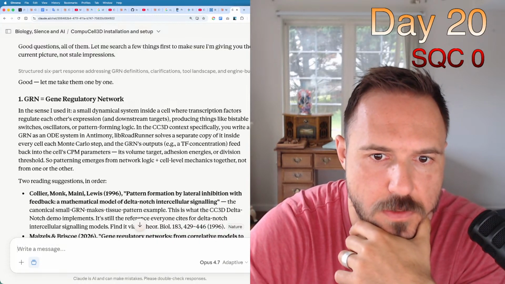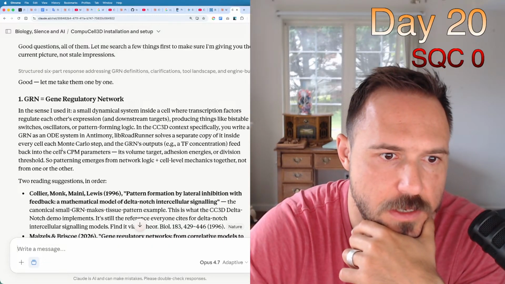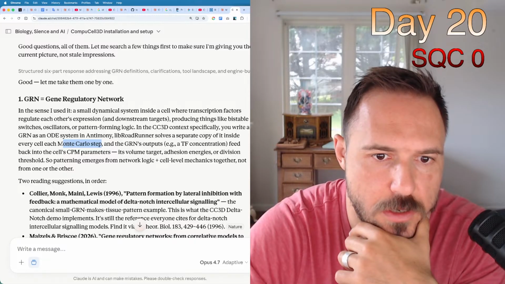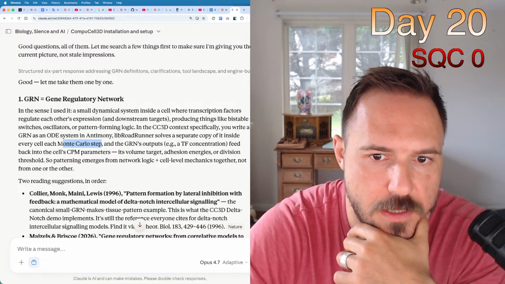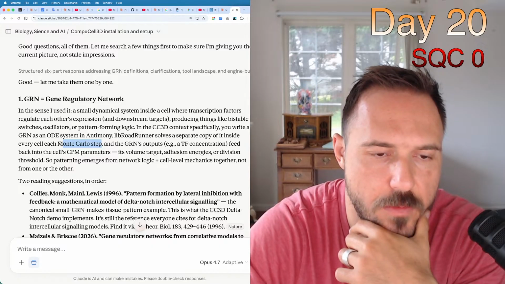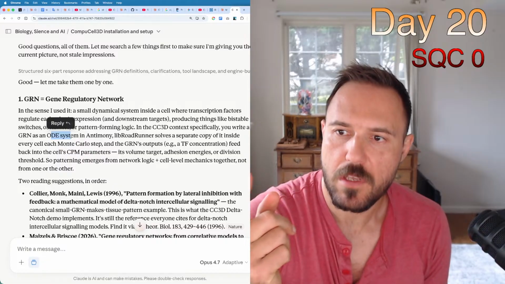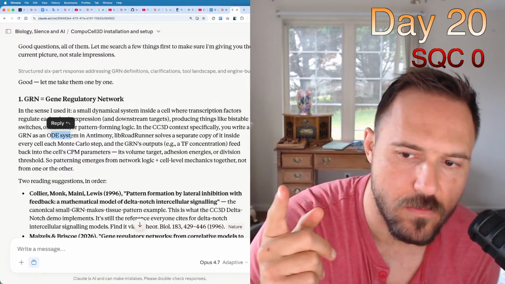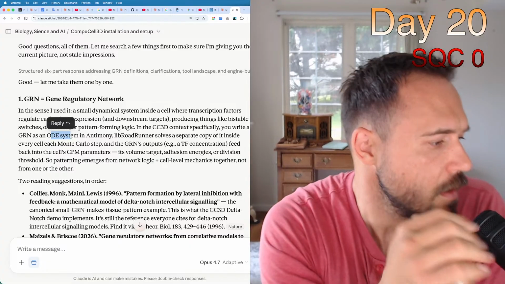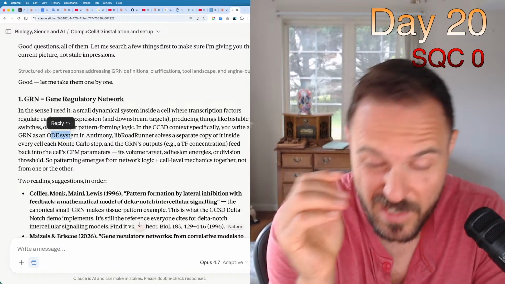LibRoadrunner solves a separate copy of it inside every cell each Monte Carlo step. And GRN outputs TF concentration feedback into the cell's CPM parameter. So it's kind of a driver, right? Like what I'm getting from the cell and what I'm pushing to the cell. Not a driver, the bridge connector.